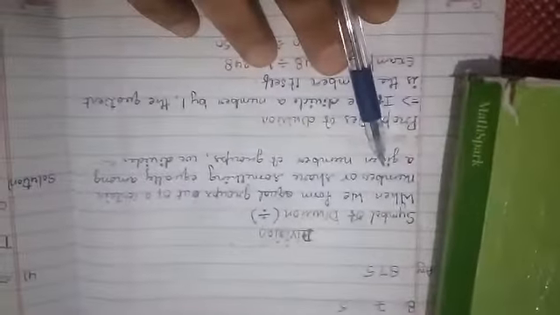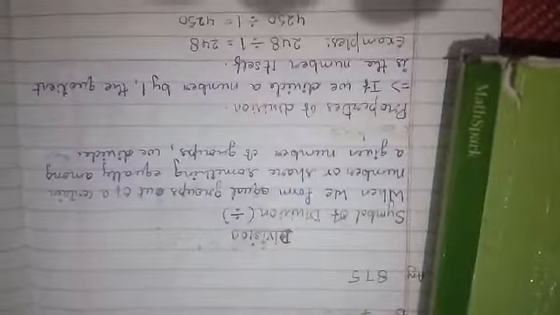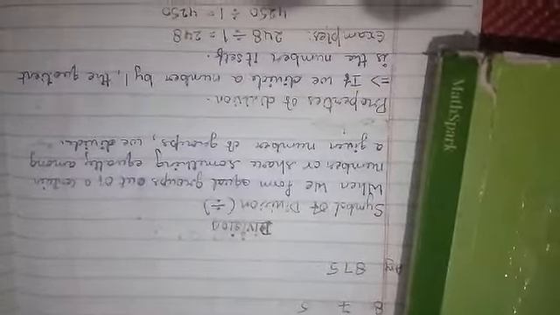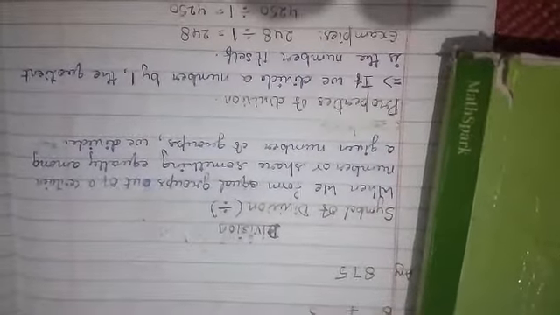When we form equal groups out of a certain number, or share something equally among a given number of groups, we divide, right? Suppose I give you 10 mangoes and ask you to give these mangoes to 5 children equally.